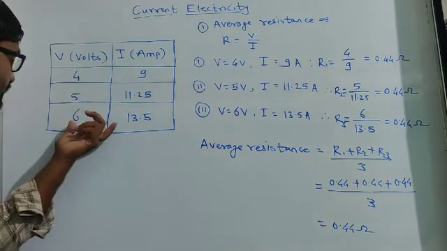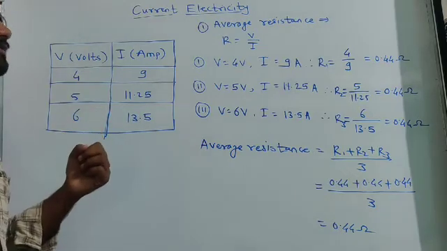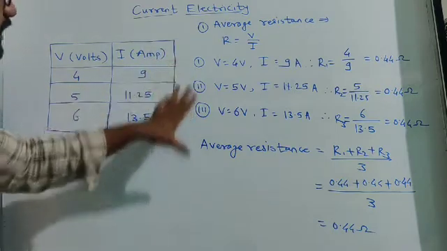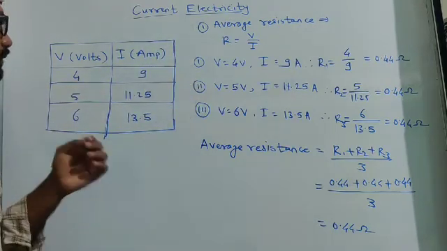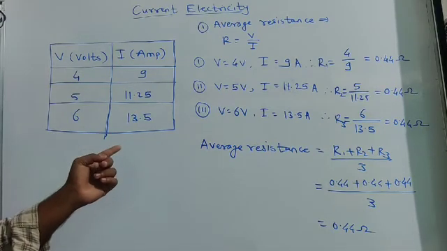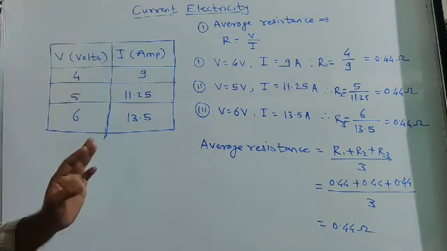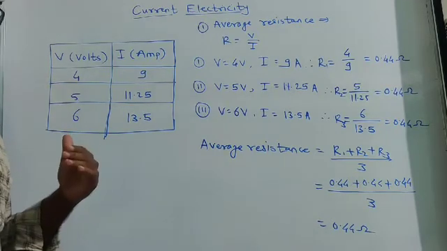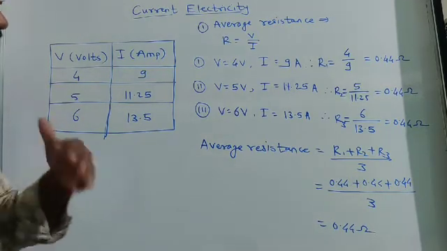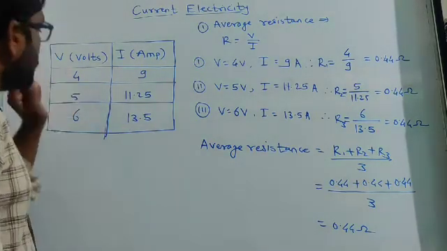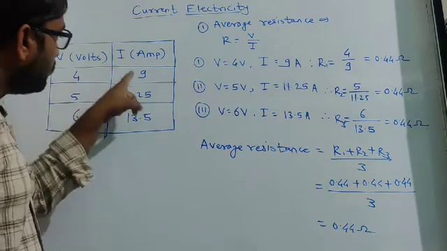And when voltage is 6 volt and current is 13.5 ampere, what is the resistance? So we have to find the three different values of resistors, then the average. Average means we add all those resistances and divide by the number of resistances. That we will see later, but first we have to calculate.